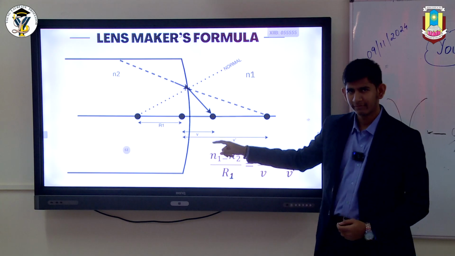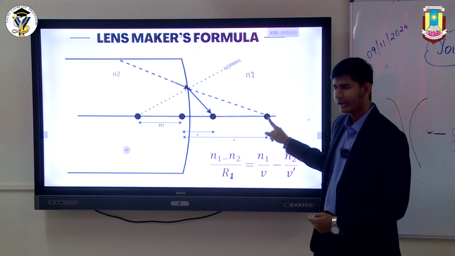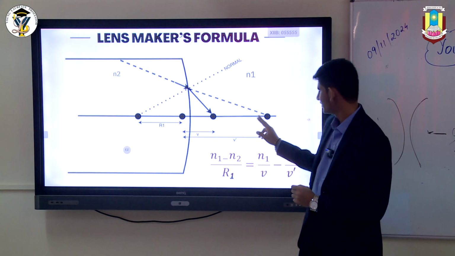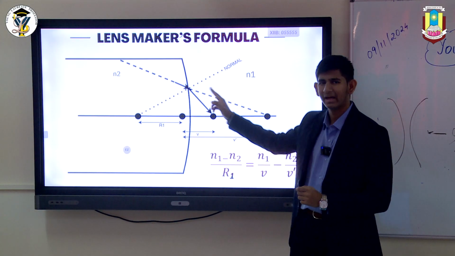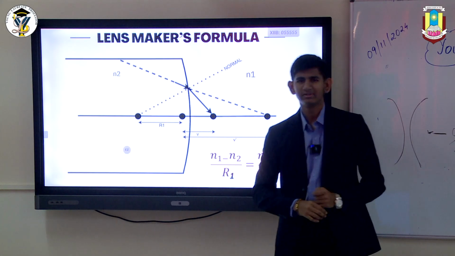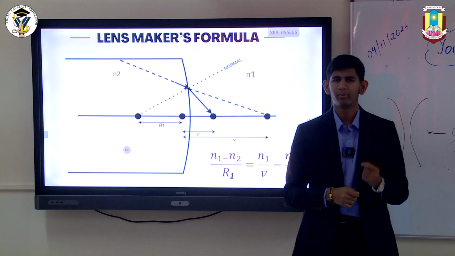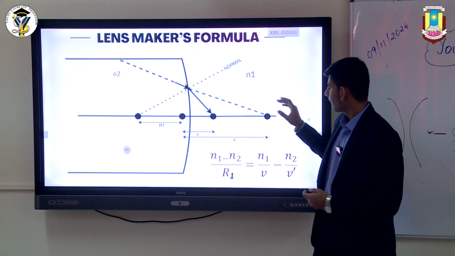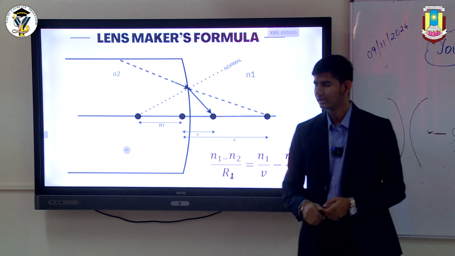For this face of the lens, this point acts as the object, because even if we trace the ray back, it comes to the same point as the point source we already considered. Hence this now acts as an object for the second face of the lens.